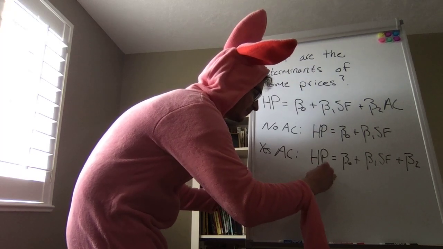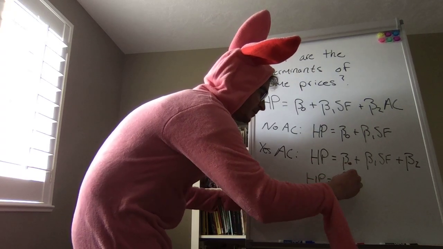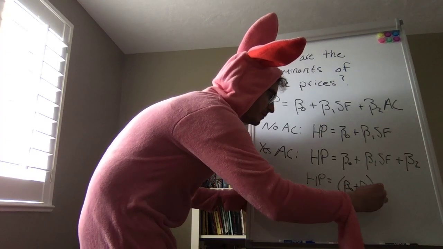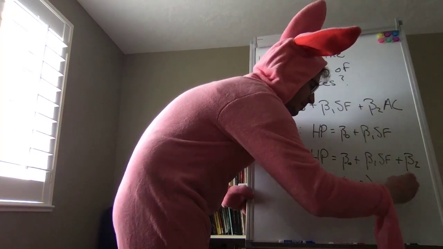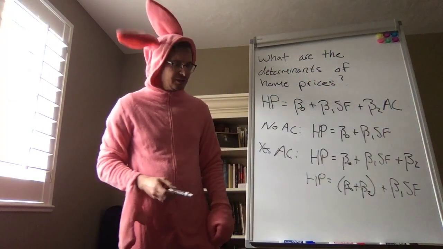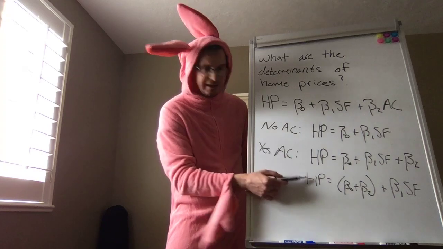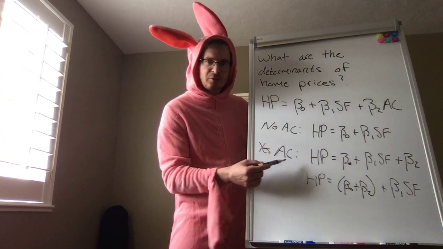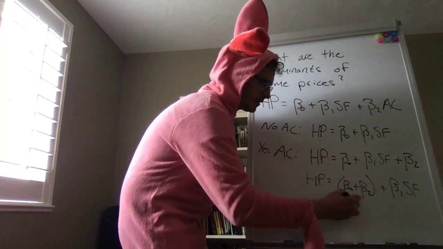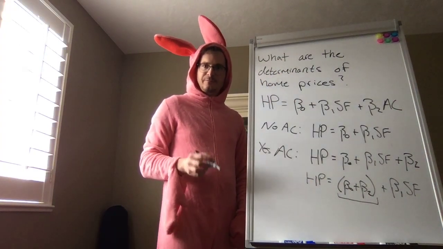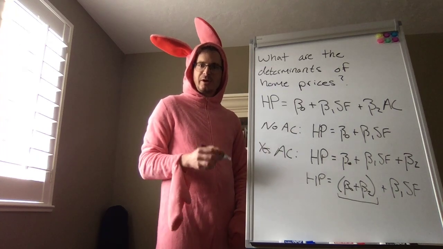HP equals beta naught plus beta 2 plus beta 1 square feet. Now we can do a better job of comparing our yes AC equation to our no AC equation. What this shows is that this is just the new intercept term for the yes AC equation.